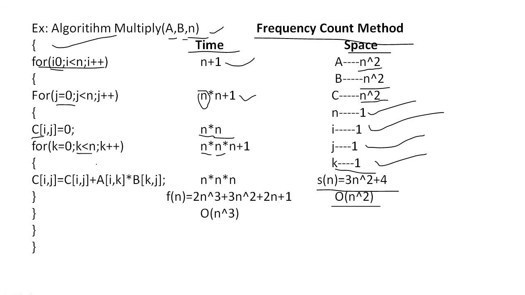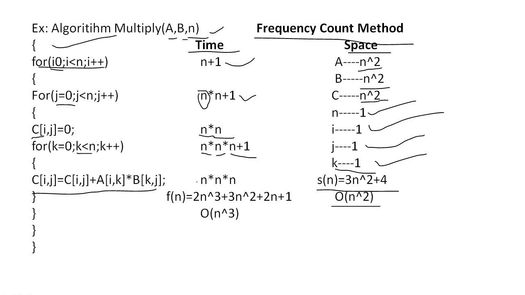And this statement is simply an assignment, so it takes only that time. But once again it contains a loop, so this loop also executes n plus 1. And this statement is simply an assignment and doesn't contain any loops.